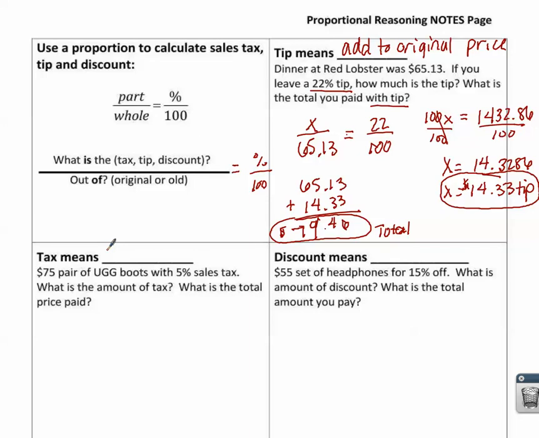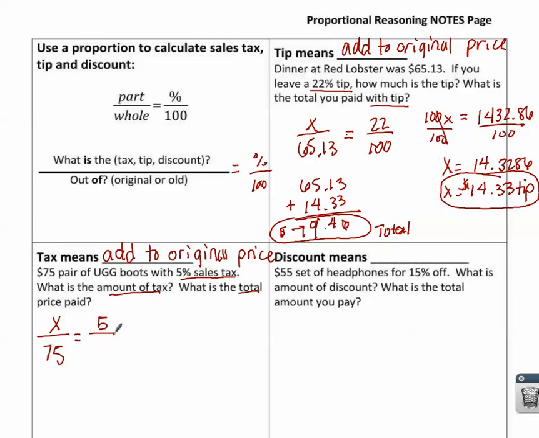Let's try one with tax. Remember, tax and tip, that's going to increase your total amount, so you're going to add your tax to the original price. In this example, $75 pair of UGG boots with a 5% sales tax. What is the amount of tax and what's the total that you paid? So when I set up this proportion, I don't know how much I taxed, so I'm going to represent with an X. My original price is $75.